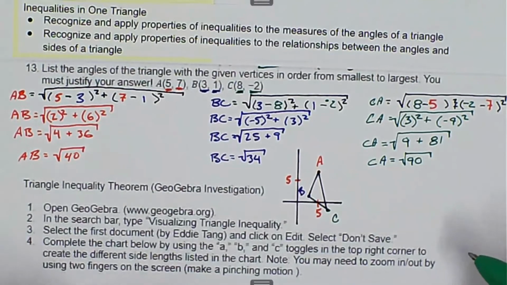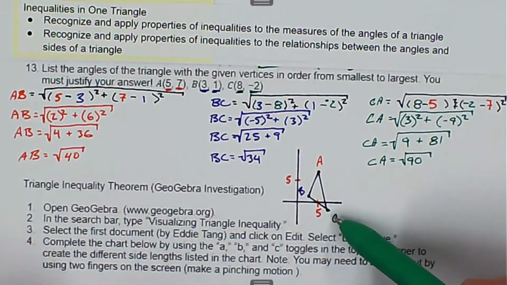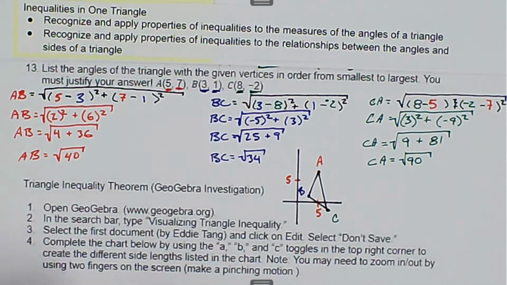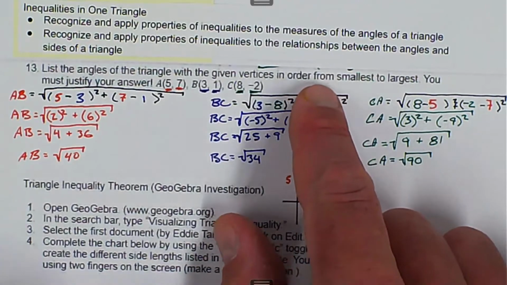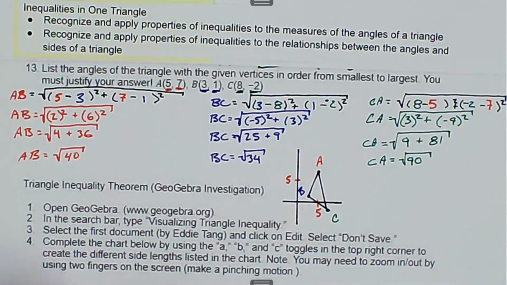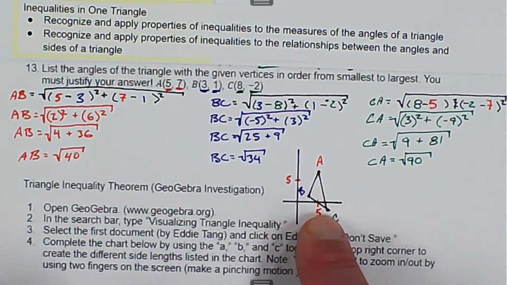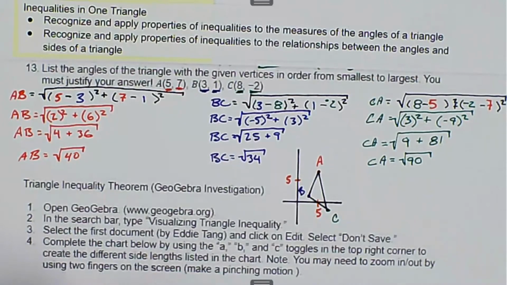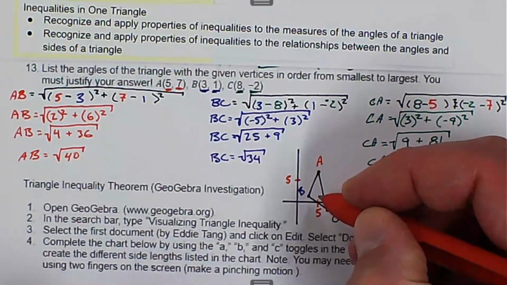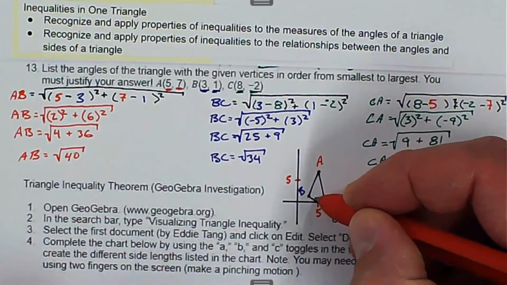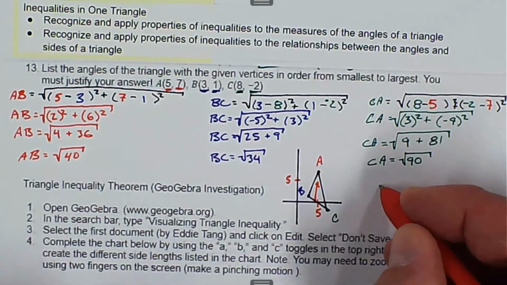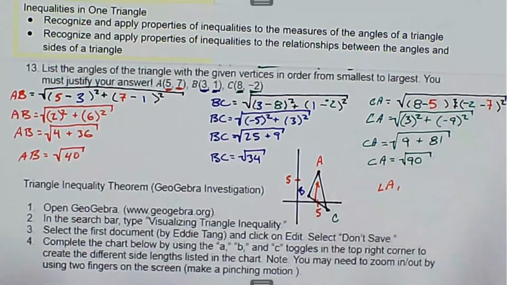So, based off our drawing, the distance from B to C is the smallest. So, when it asks us to label from smallest to largest, our smallest side is BC. The angle opposite that is angle A. So, angle A is the smallest.